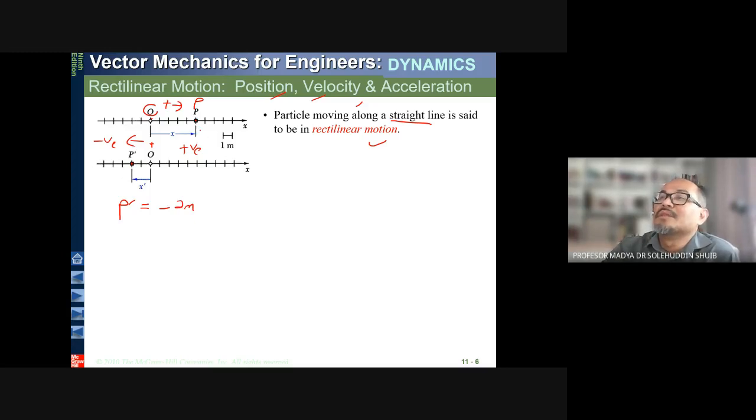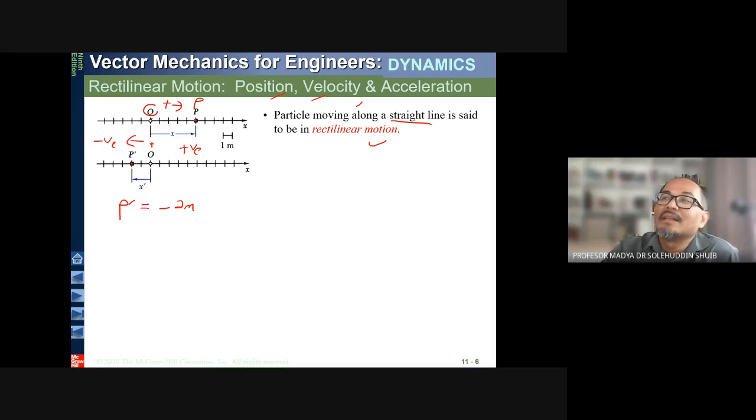So position and then distance. Remember, position of P is positive 5 meters and the distance is 5. Position to the right is positive, and the unit vector here is i.